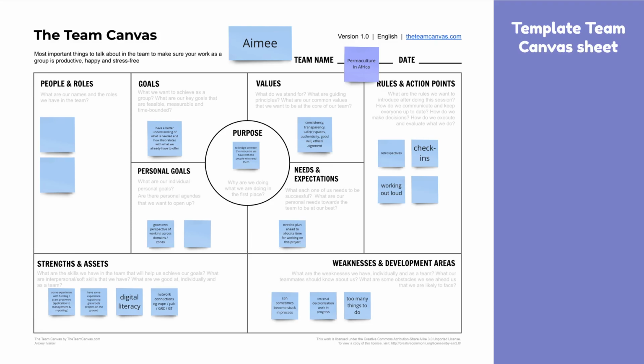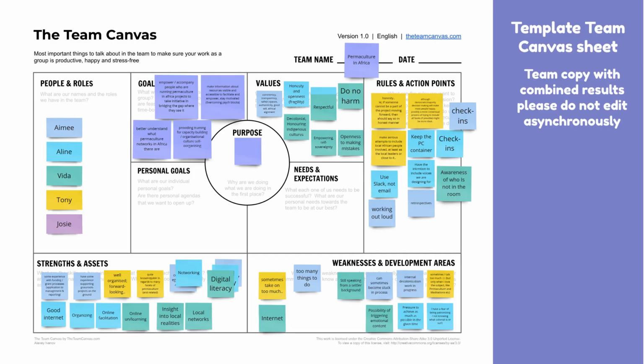Once every person has completed the team canvas, then you can together, within a co-creative exercise, create a team canvas for the team. So all of these answers would have reflections from each person. As a team, you can have an overview of what are the people and the roles, what are the common goals, which you have now agreed between you after reviewing everyone's inputs, what are the common values, the rules, and so on.